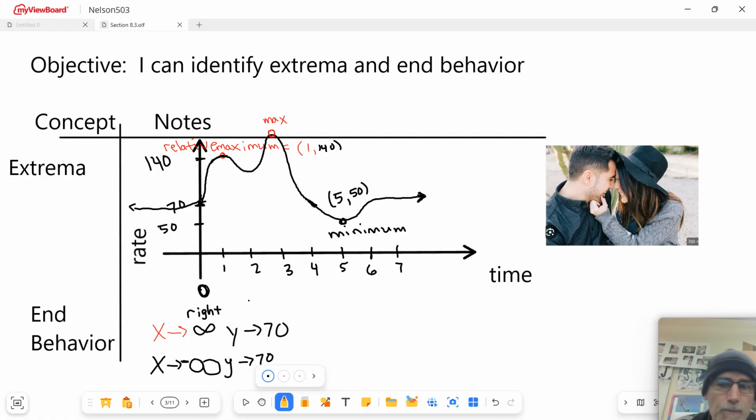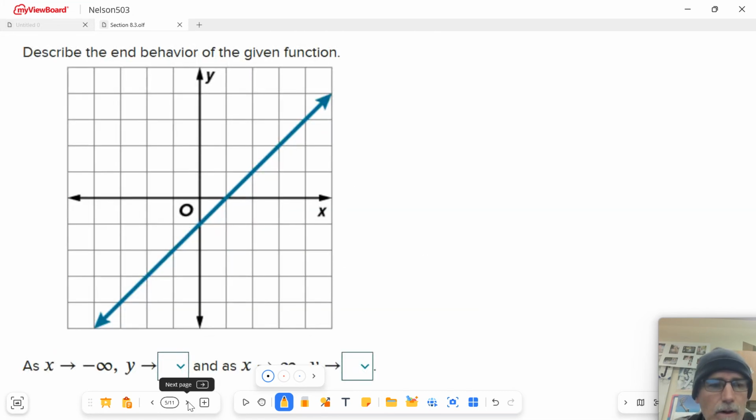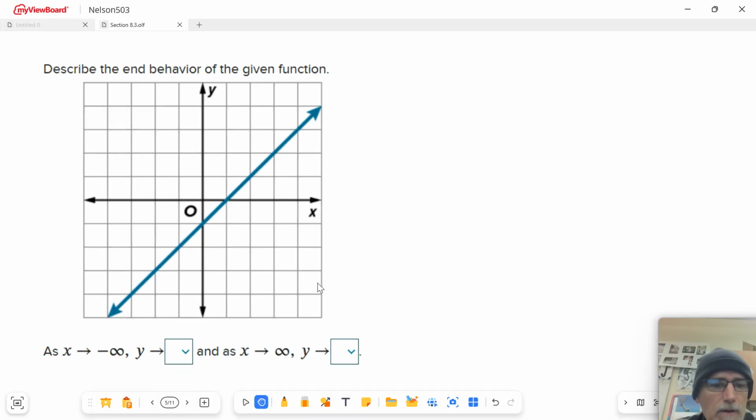Now let's try one from the homework. End behavior is not hard, but you've got to understand what this notation means, okay? So let's go over to this one right here. This is going to be problem number 6. I think this is problem number 6. And you notice how it says as X goes toward negative infinity. Now, here's all you need to know.